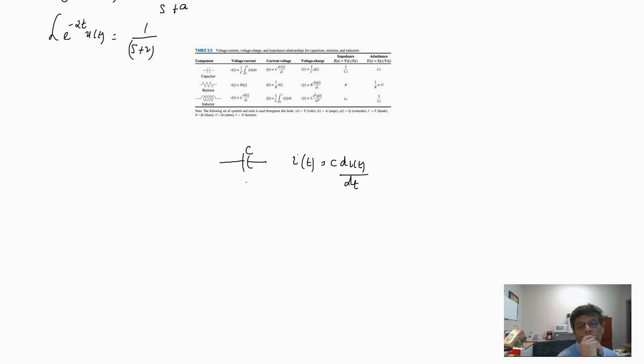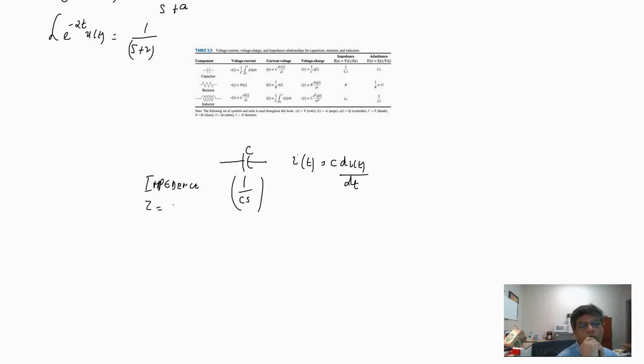So the impedance in the s domain will be 1 over Cs. Keep in mind this is called the impedance. So the impedance for the capacitor is 1 over Cs. Now obviously the admittance, as you recall from your previous studies, is just the opposite of impedance.